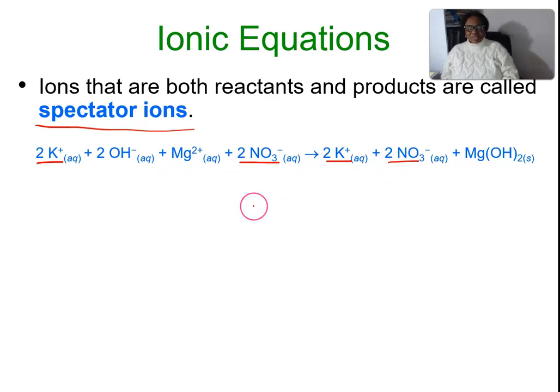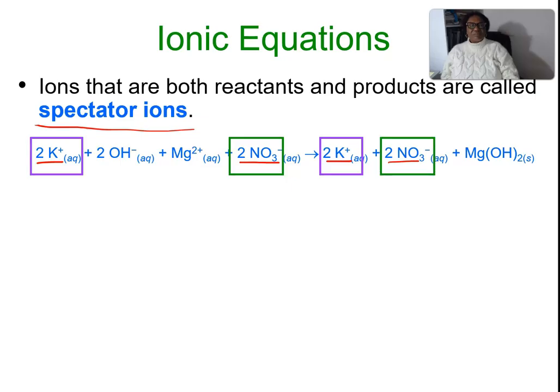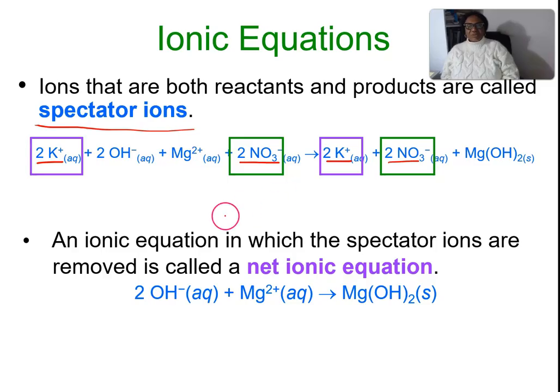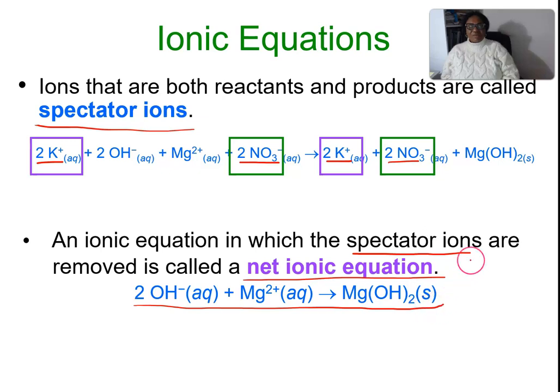These are spectator ions. So an ionic equation in which the spectator ions are removed is called the net ionic equation. So when you remove the spectator ions, you have the net ionic equation.